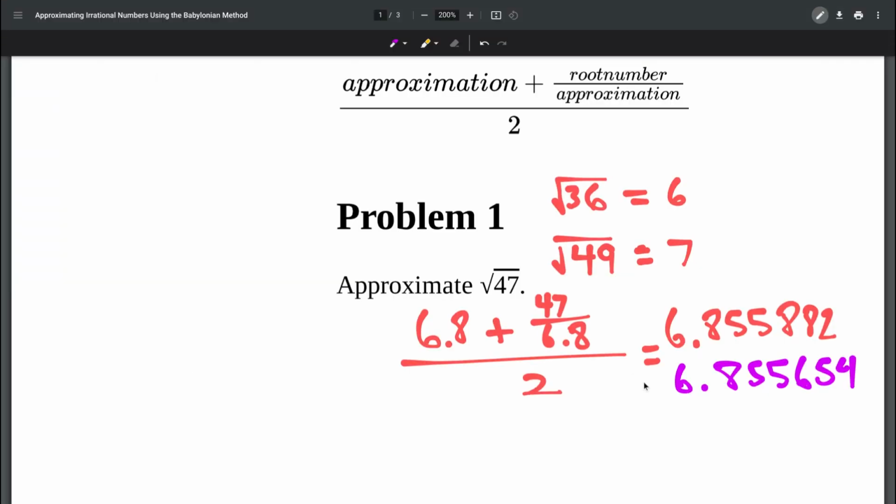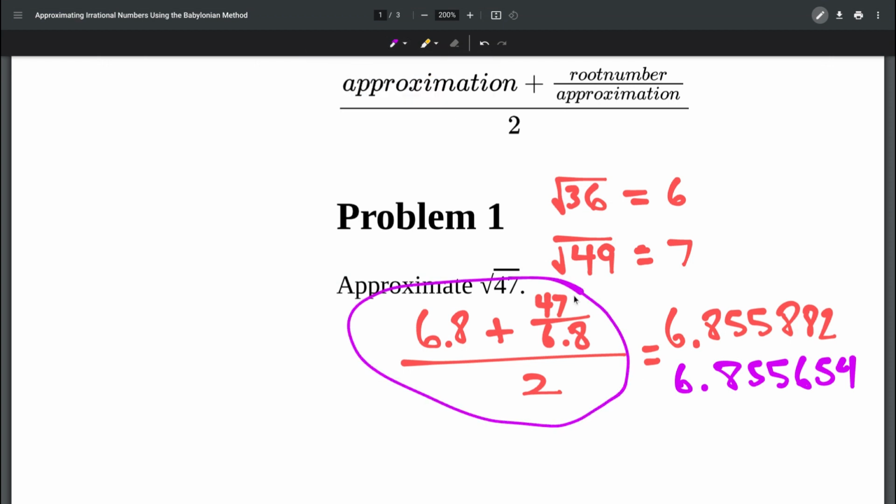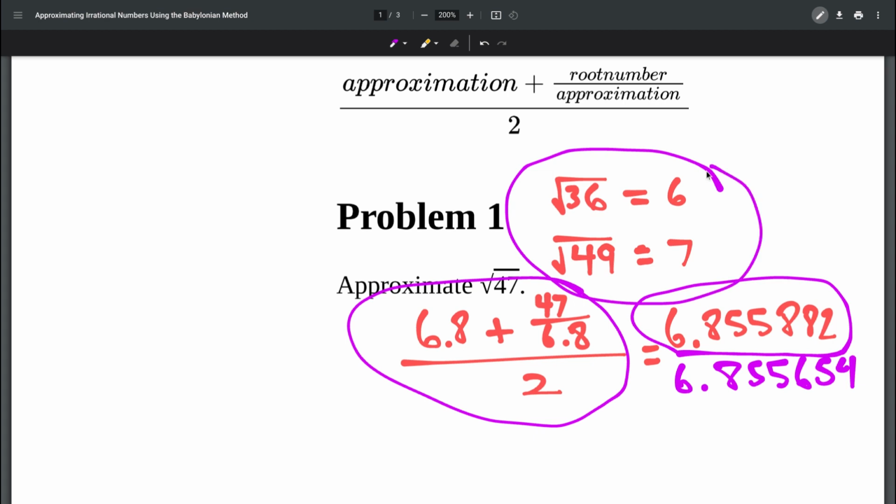Now, if I'm doing this as a student on a test, the work that I might show would be something like this. This is my work, and this is my estimate, or my approximation, and I use this to get my initial value of 6.8 here, right? And if you're a teacher, I would encourage you to say that, yeah, that's pretty good.